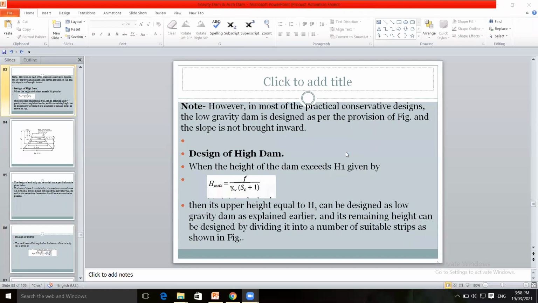Height जर जास्त झाली तर तेव्हा काय करायचं? Then first of all, H max is calculated by this equation. If it is less than this value, then the dam is designed as a low gravity dam. If the height is greater than this value, then it is designed as a high gravity dam.